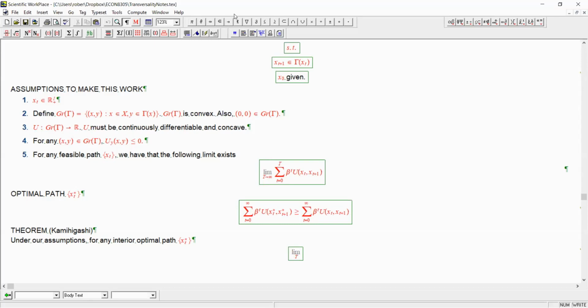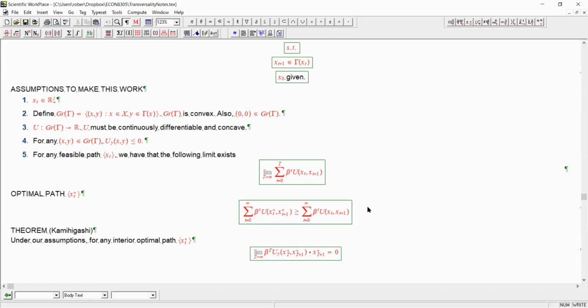The limit as t goes to infinity of the discounted marginal utility, so that's the derivative of u with respect to the future investments, the second argument, evaluated, of course, along that optimal path, times the future investment itself must equal 0.